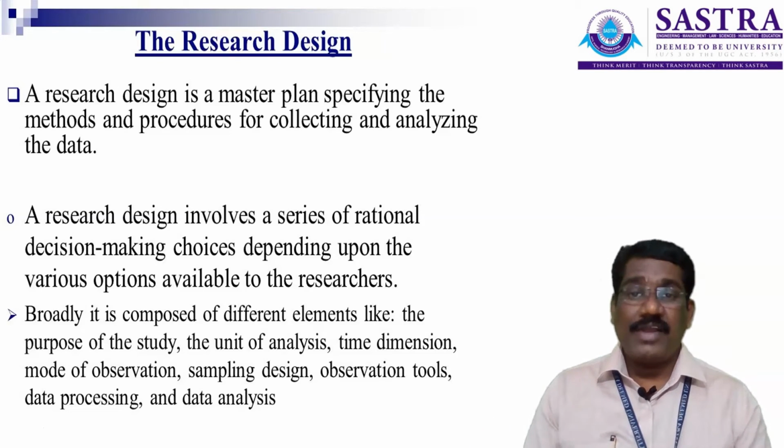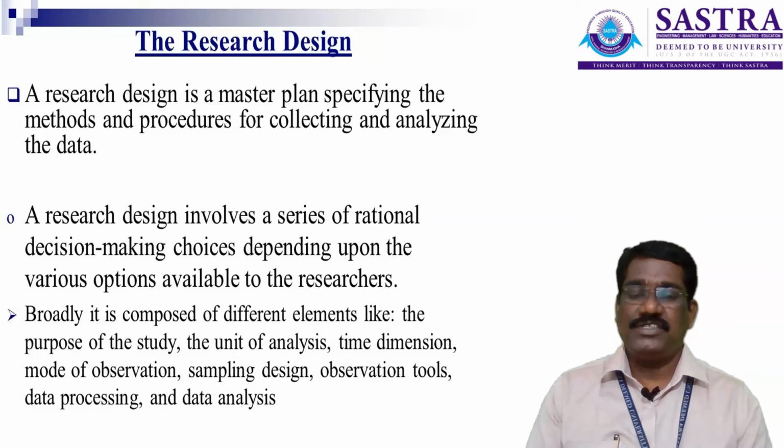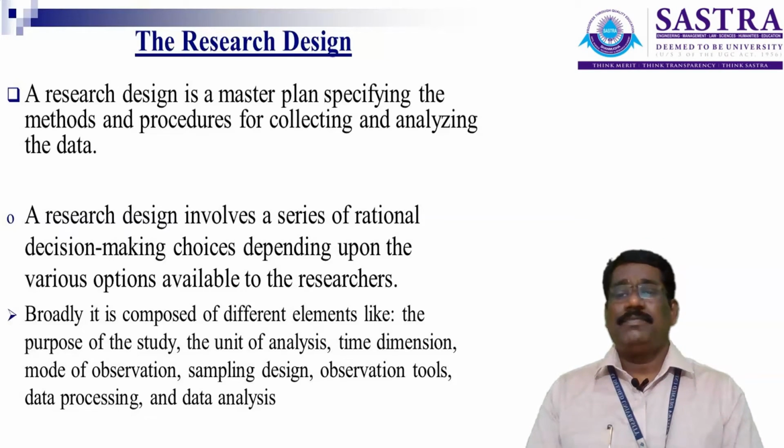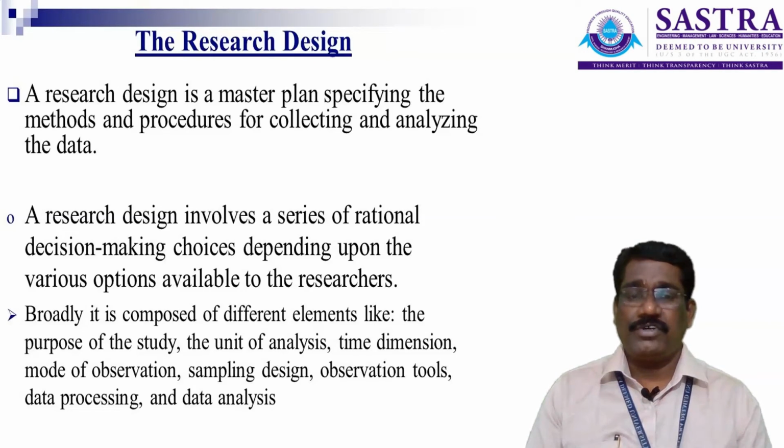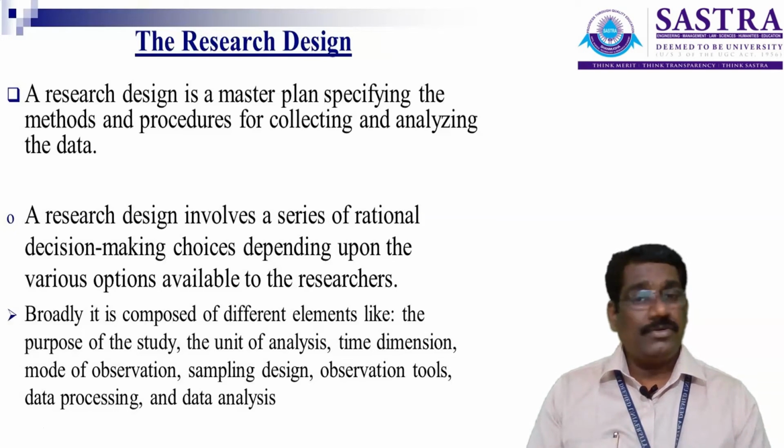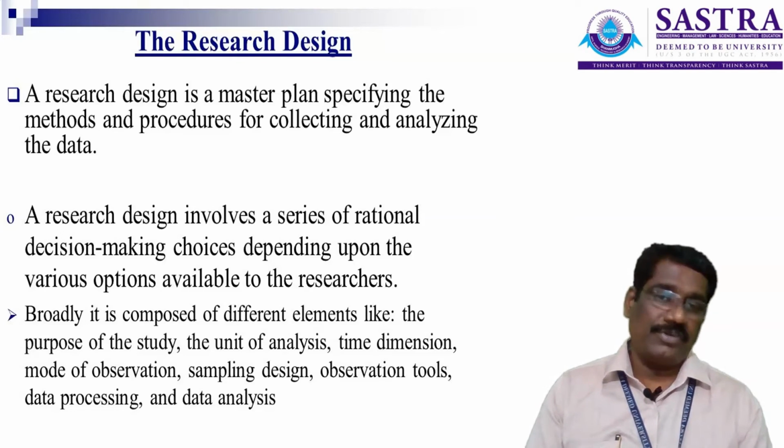Broadly, it is composed of different elements like the purpose of the study, the unit of analysis, time dimension, mode of observation, sampling design, observation tools, data processing, and data analysis. So the research design will give you a kind of blueprint. For example, if you are going for a descriptive type of research design or an exploratory type of research design, there are many more types of research design available for research. And in that case, we need to define the elements of the blueprint of your research.